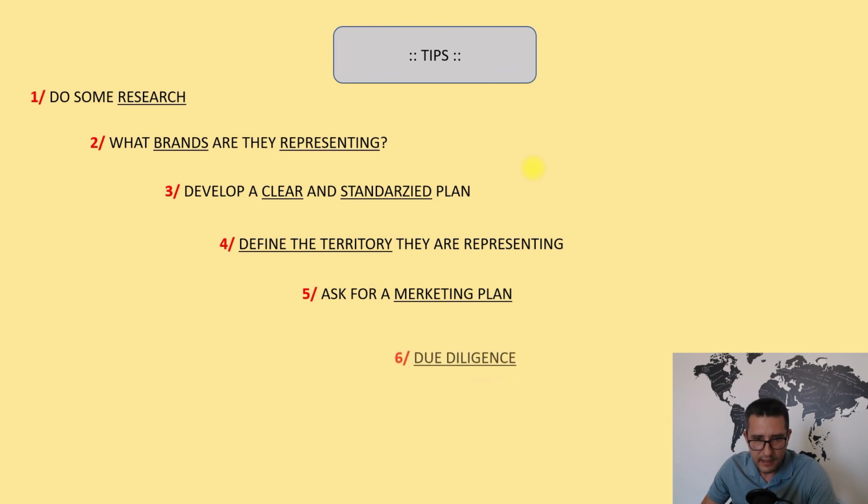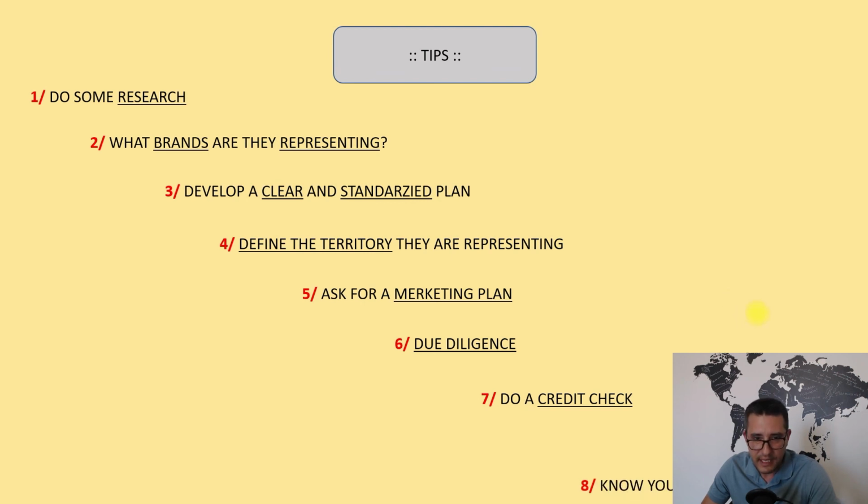And finally, the last tips are related more to the legal side of the business, and it involves due diligence in order to check references from their suppliers and or customers, but also try to do a credit check in order to see if they walk the talk from a financial standpoint.